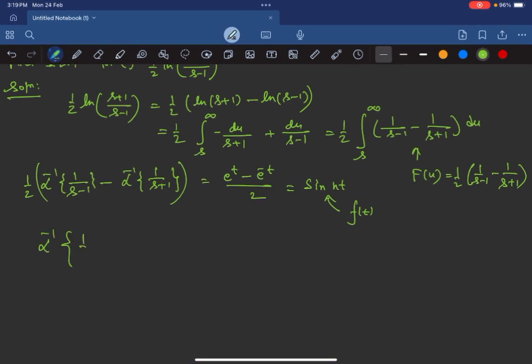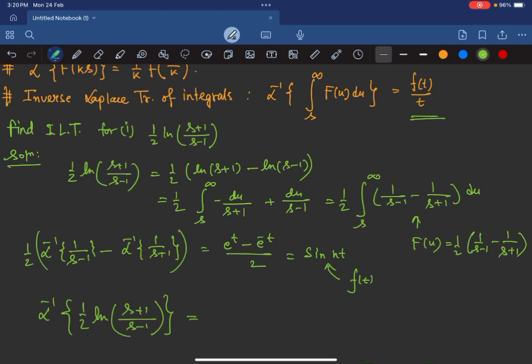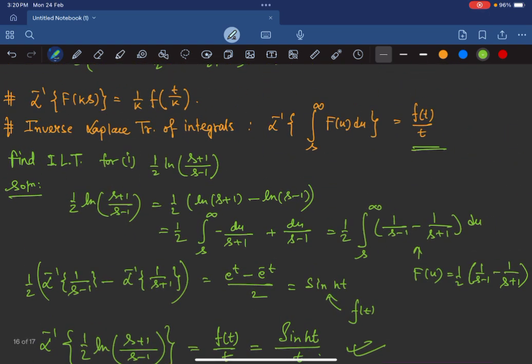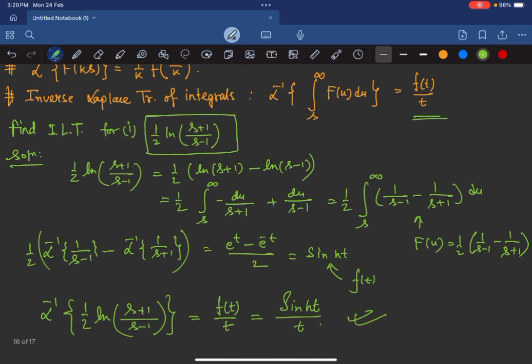Now see, L inverse of 1/2 ln((s+1)/(s-1)), if you do as per this formula, you should have f(t)/t. So f(t) is sinh t, hence sinh t / t. This one will be the final answer. So how to find the inverse Laplace transform of this one? Exclusively for this, you can take help of this formula, inverse Laplace of integrals.